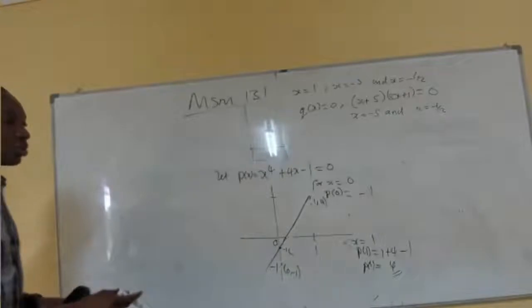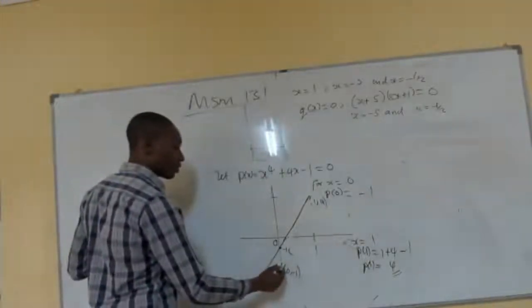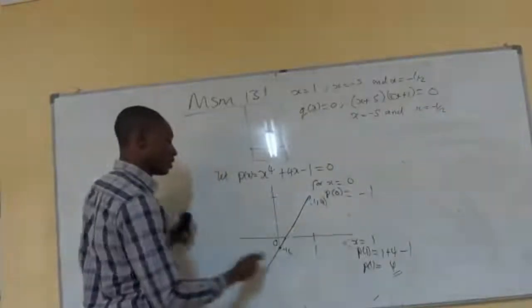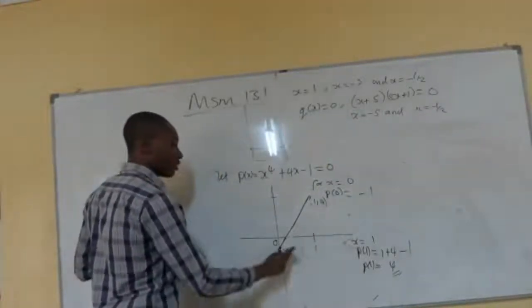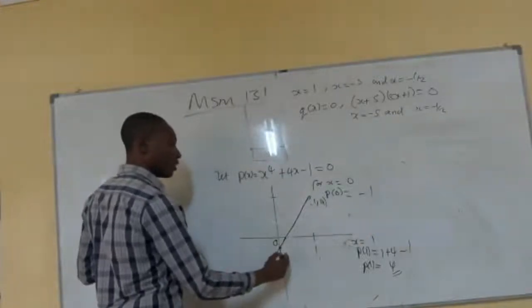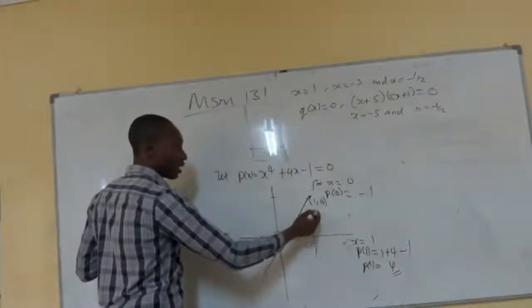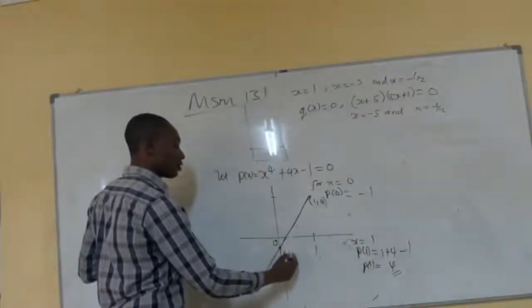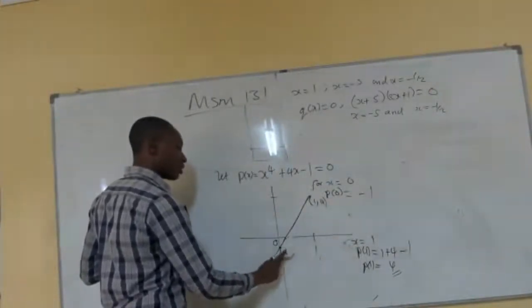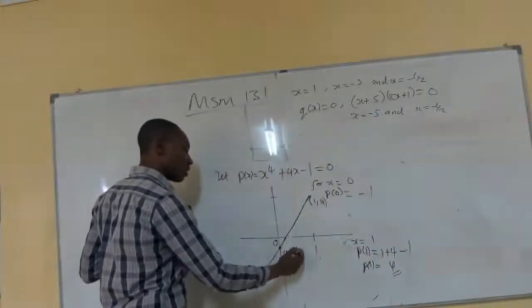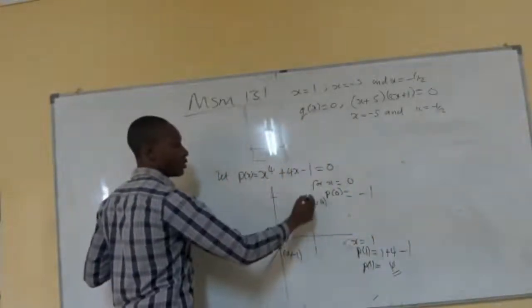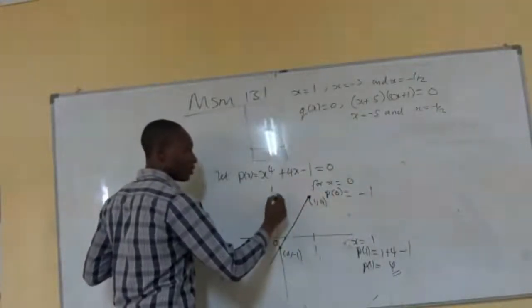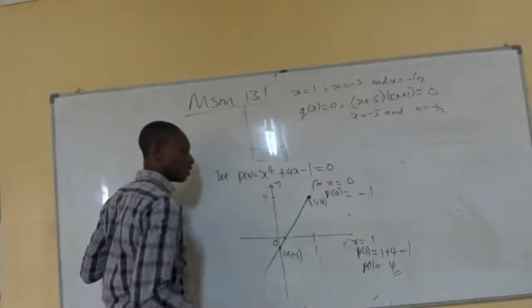My duty is to plot the 2 points so that they are joined. So 1 comma 4 is there, and 0 comma negative 1 is there. This is 4, this is y.